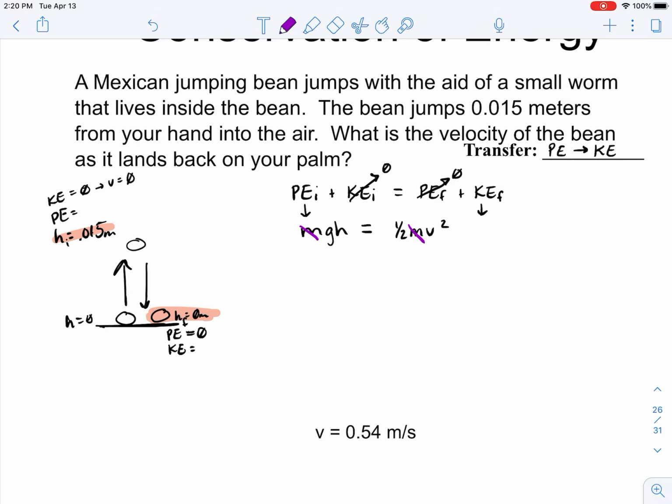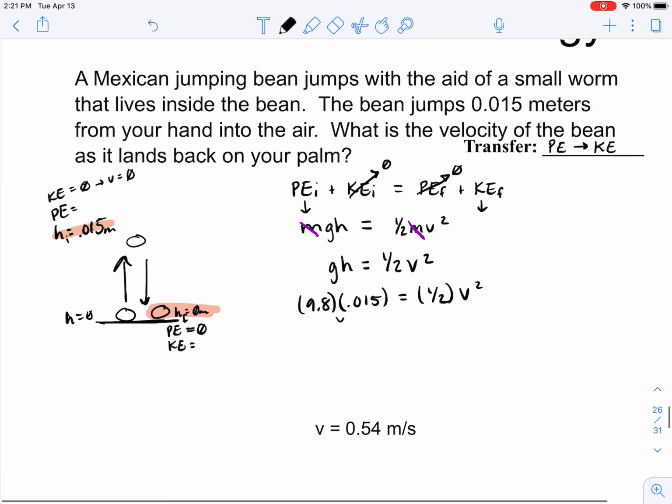And so that is going to simplify my equation to just be gravity times height is equal to 1/2 times velocity squared. I know gravity. They gave me height in the problem. 1/2 is just a number, and then I am just simply solving for my velocity. So I would simplify what I have over here, and then I would simply divide that by 1/2 or multiply both sides by 2, however you want to say that.